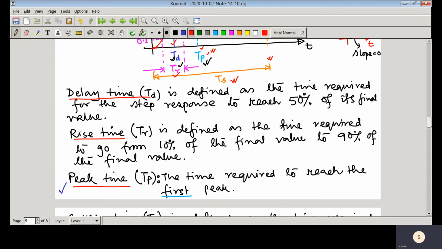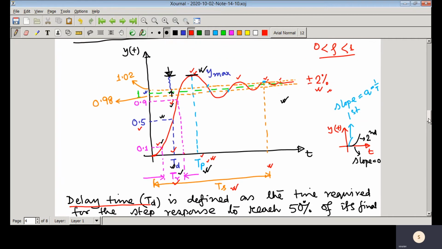If you look at that time response, you can see the first peak, second peak, third peak, and they follow one exponential decay curve. Now you need to find at what value it first reaches, enters and stays inside the plus minus 2% band.